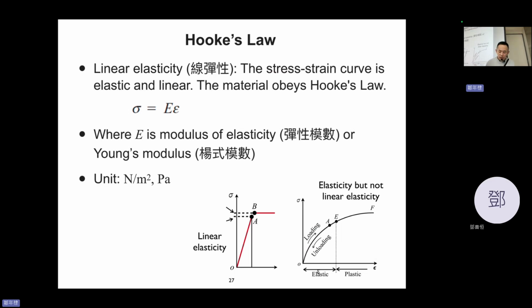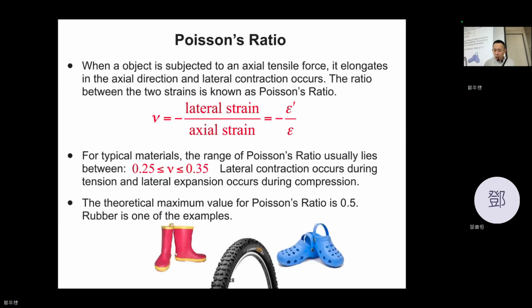Next page is Poisson ratio. The Poisson ratio is that when an object is subjected to an axial tensile force, all right, it elongates in the axial direction and lateral contraction occurs. Well, it makes sense, right? You have a bar, maybe, okay?